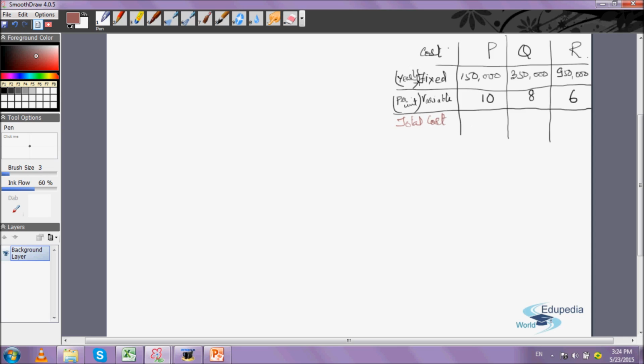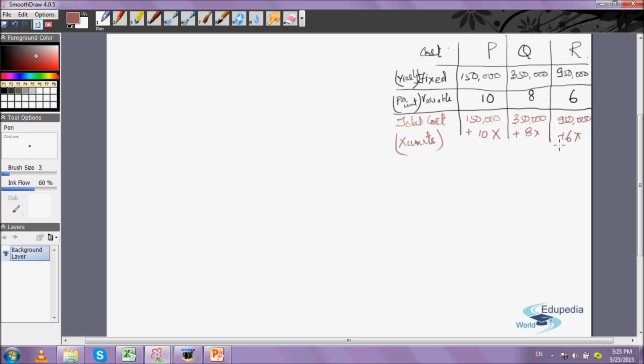It's simply, this is the fixed cost per year and this is per unit, so we will have the sum of both of these, 150,000 plus 10 is for 1 unit. Let's assume that we are going to produce X units at all of these locations, so it will be written as 10 multiplied by X. In the same way here it would be 350,000 plus 8x, and here it's going to be 950,000 plus 6x.